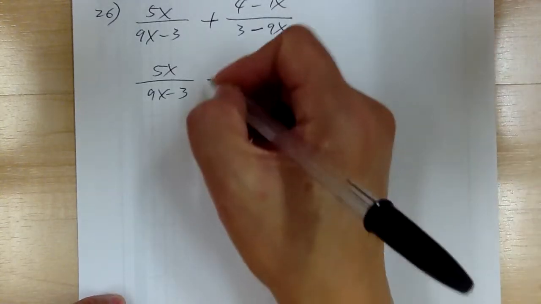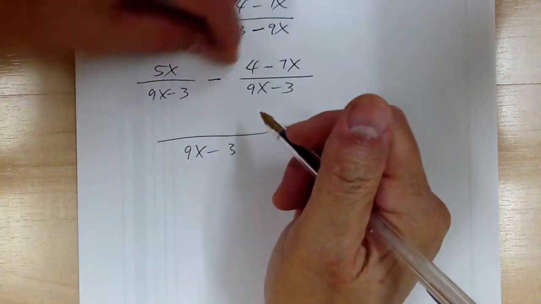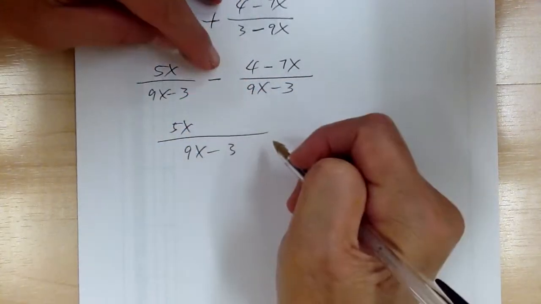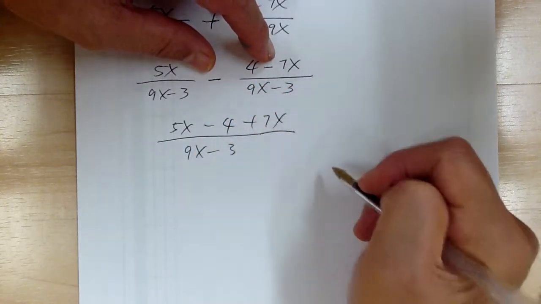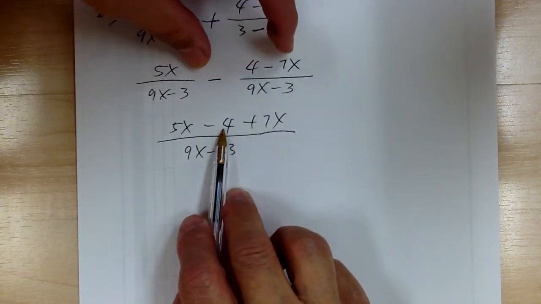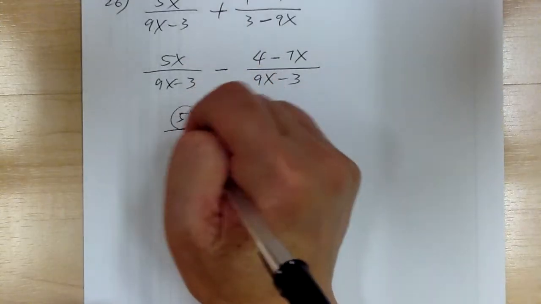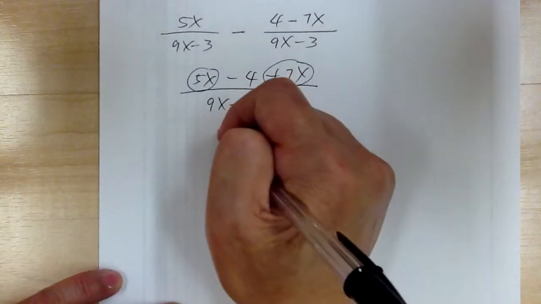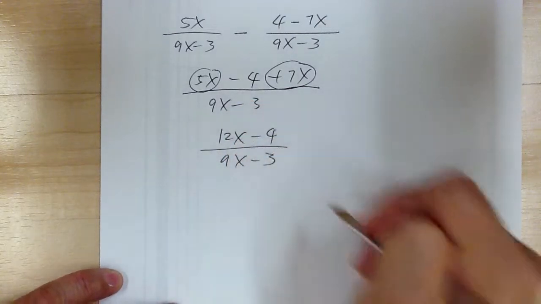Or you can just go and do the distribution. So it would be minus 4 plus 7x. Okay, so minus 4, and that's minus 4, and then plus 7x. So now you can go and combine the like terms. So this would be a 12x minus 4 over 9x minus 3.